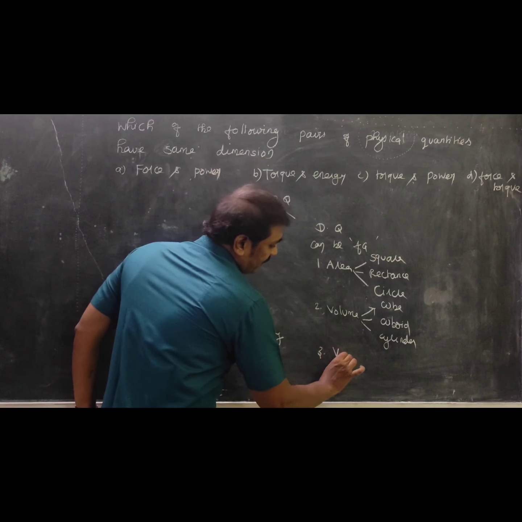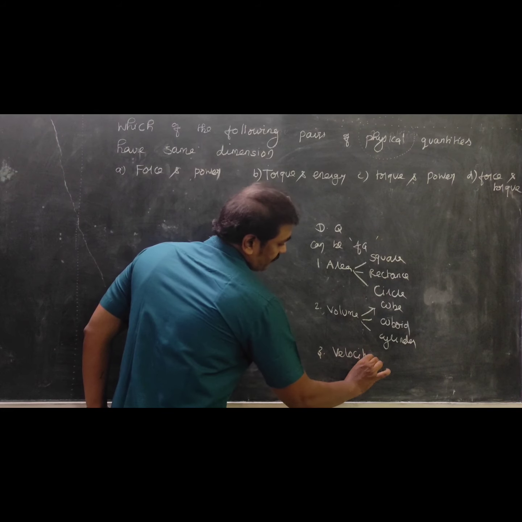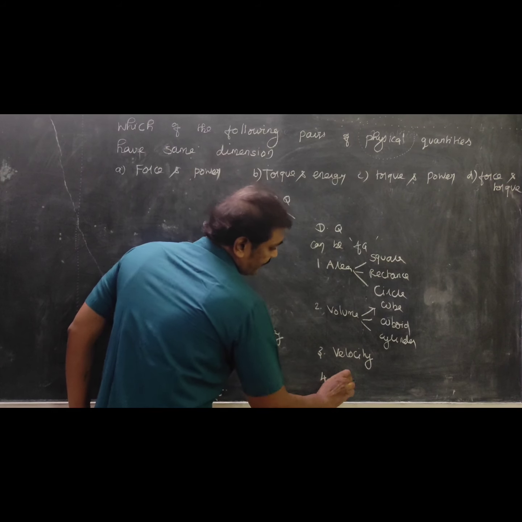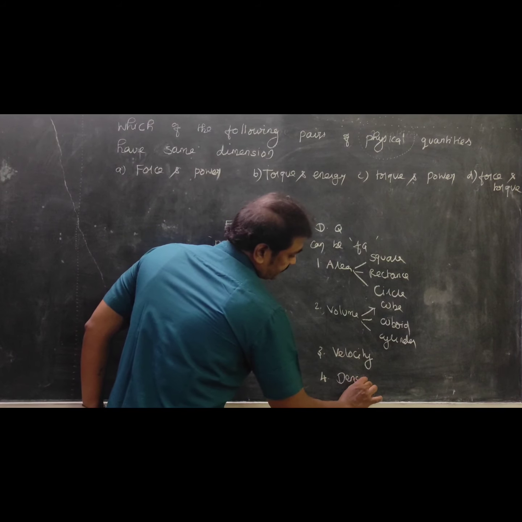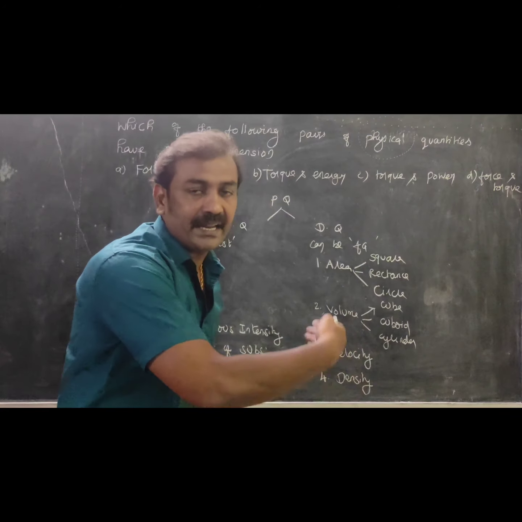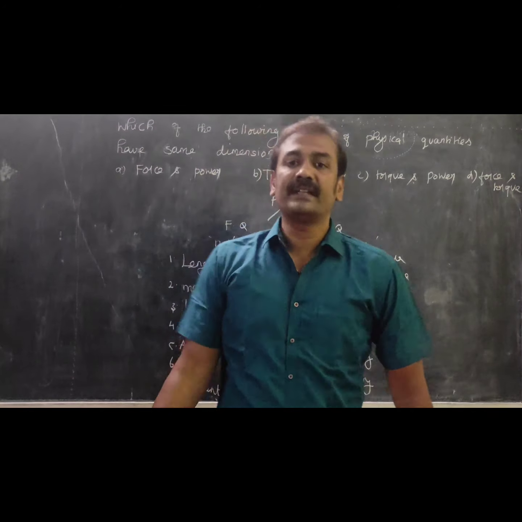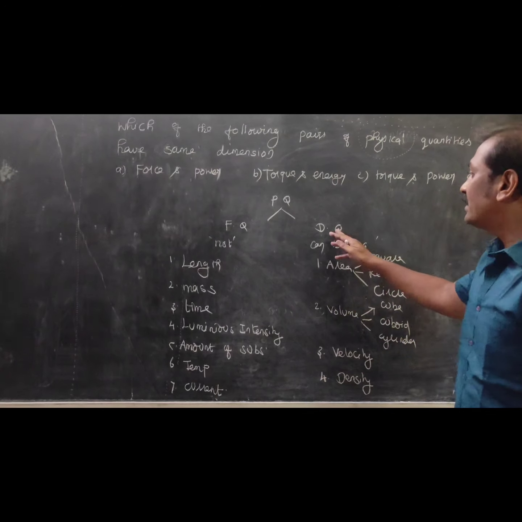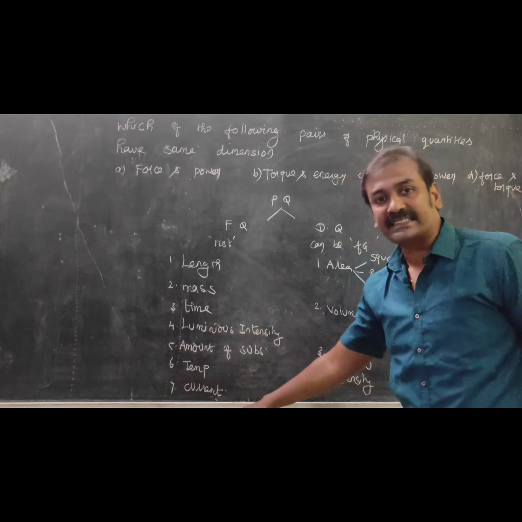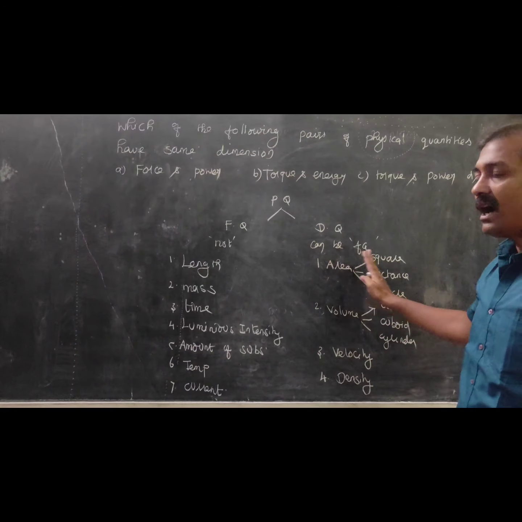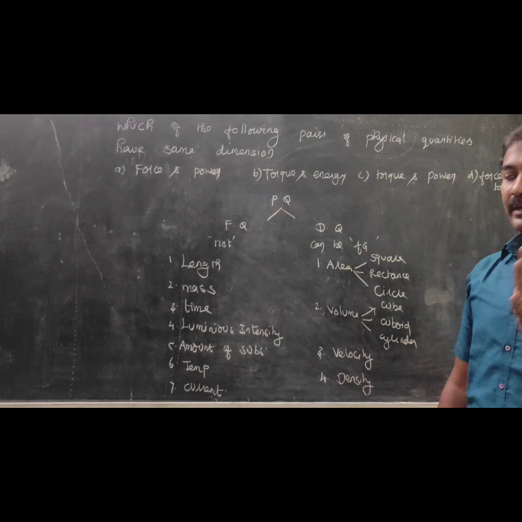Third, velocity. Next, density, pressure, and so on. Except these seven, all quantities come under derived quantities.